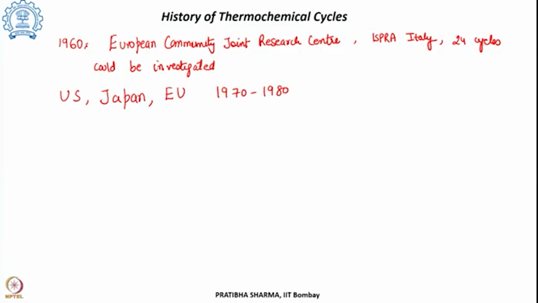So, about 200 thermochemical cycles were identified by General Atomics, and only a few of them had the potential to be carried forward for large scale hydrogen production.